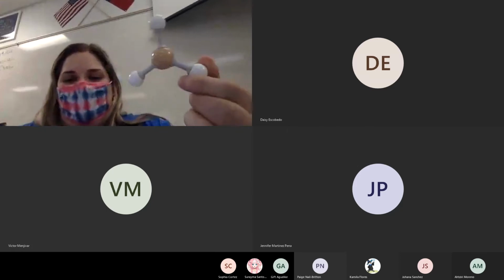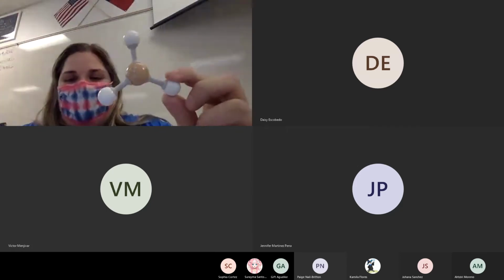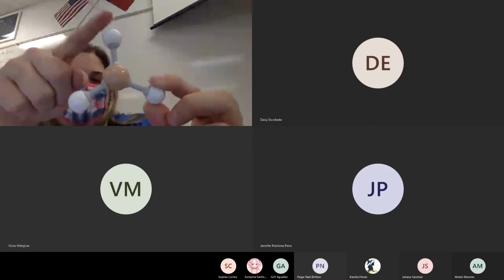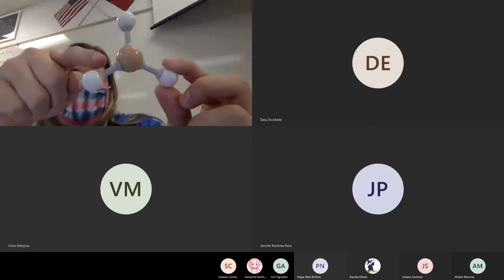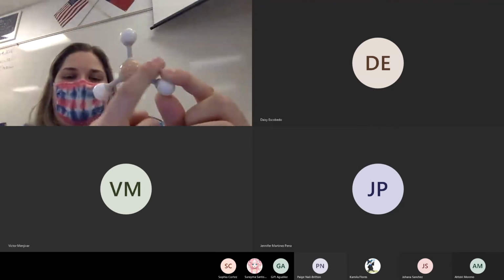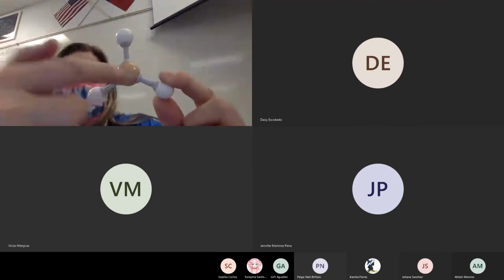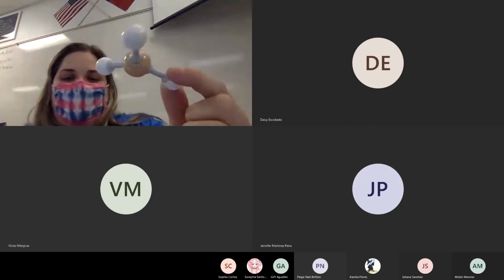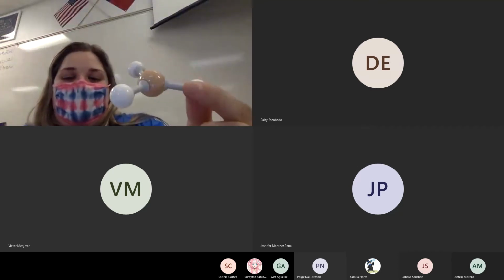So, how many atoms do I see bonded to the central atom on this one? I got 1, I got 2, and I got 3. Okay, so there are three bonds, 3 bonding pairs of electrons, right? Are there any lone pairs on this one? I don't see any. It'll be obvious if there are some.